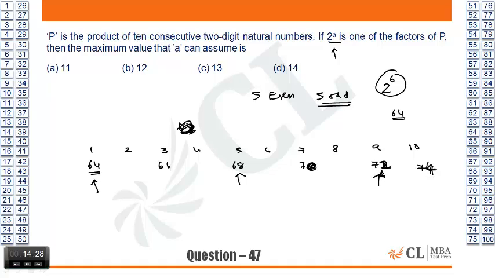Can I get 4 multiples of 4? I can't get 4 multiples of 4, no? So this will have 6 factors. 66, 2 into 33, 64, 68, 4, no?